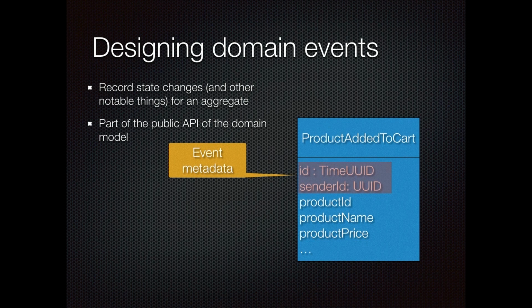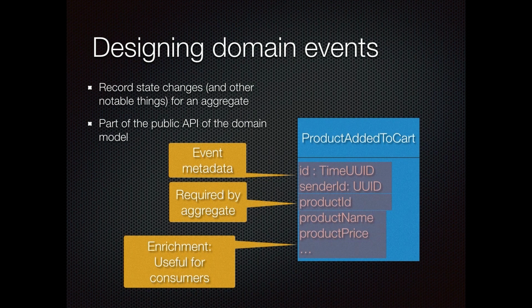They might have some metadata, like the event ID and the ID of the entity that sent them. Then they might have attributes that are required by the business logic to be there, like when you add an item to a shopping cart, you need to know what the item is. But then there's a concept of event enrichment where you add extra attributes that are not useful to the aggregate, but are useful to any consumers of the event, like the name of the product and the product price.